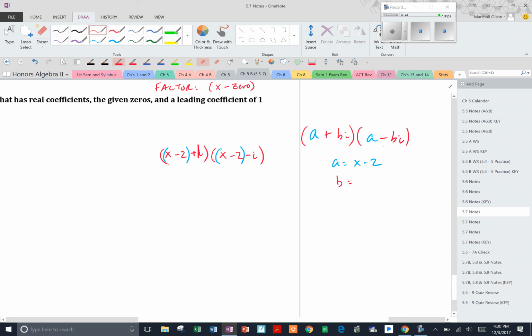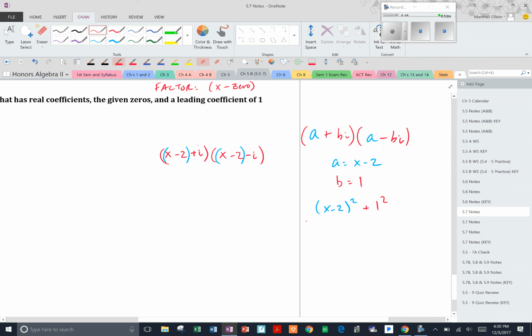There's a 1 there and there's a 1 there. It's just plus and minus in front of it. So b is just 1. So we remember that this FOILs out to a squared plus b squared. So we know that a squared is going to be x minus 2 squared, and b squared is going to be 1 squared, which is obviously just 1.